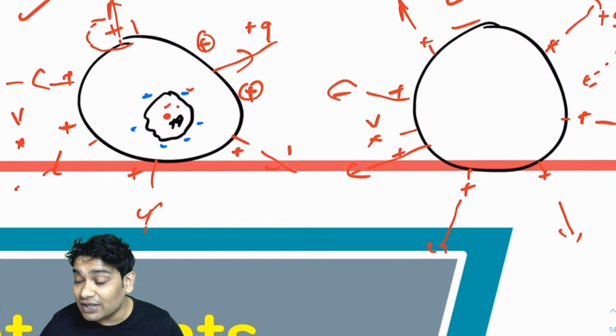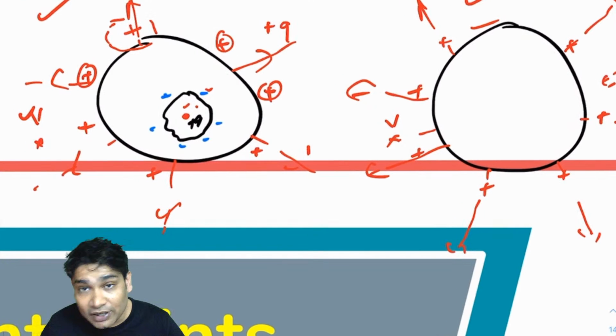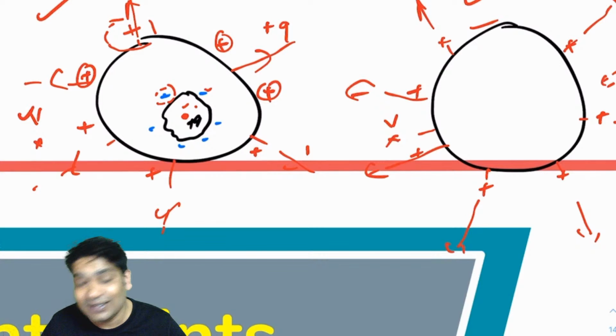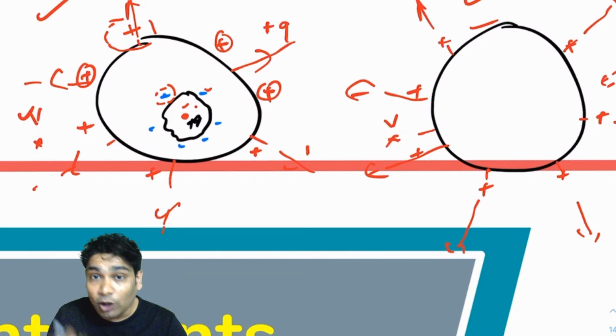So this potential is being created only by this charge. How is that? What happens to the potential which would have been created by the small plus Q charge inside? The potential due to the positive charge inside also gets cancelled by the negative charges induced here. So the charges induced on the inner walls of a cavity not only cancel out the electric fields of the charge inside everywhere outside the cavity itself, they also cancel out their potentials.